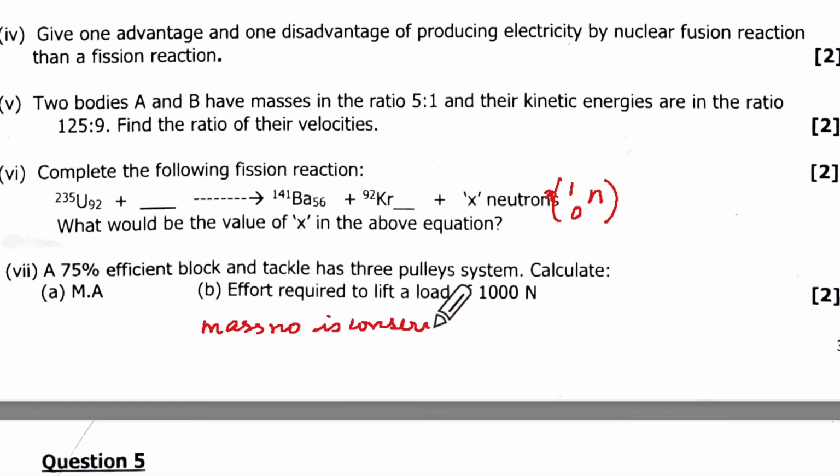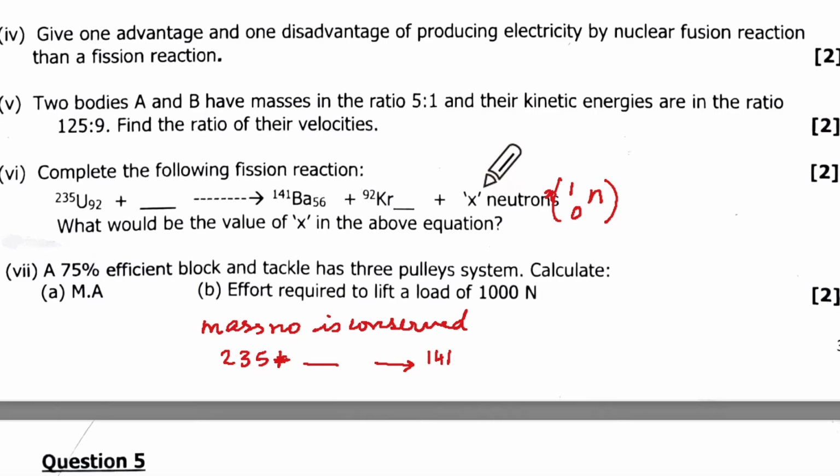If mass number is conserved, then 235 plus something is equal to 141. One minute, this is 141, barium, krypton and 3 neutrons, right?